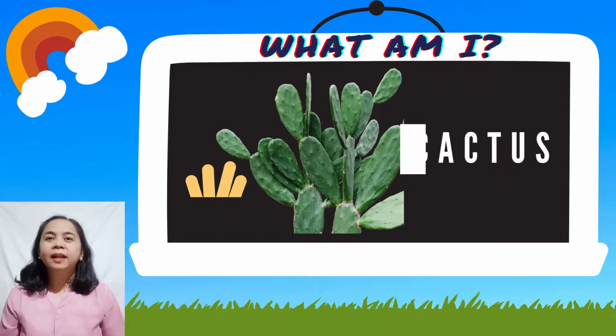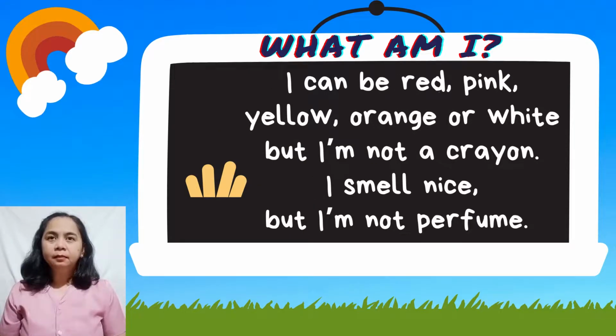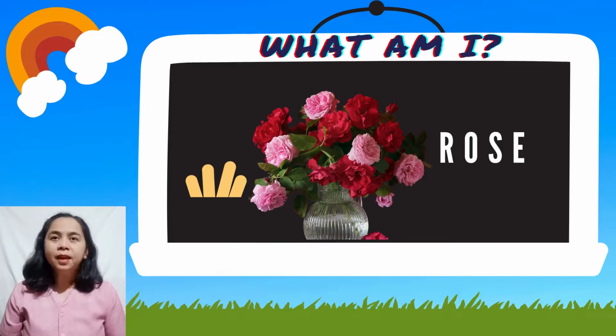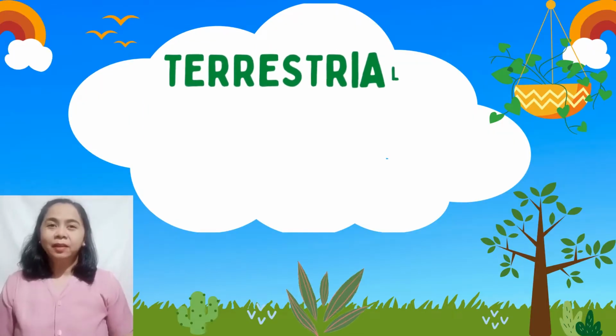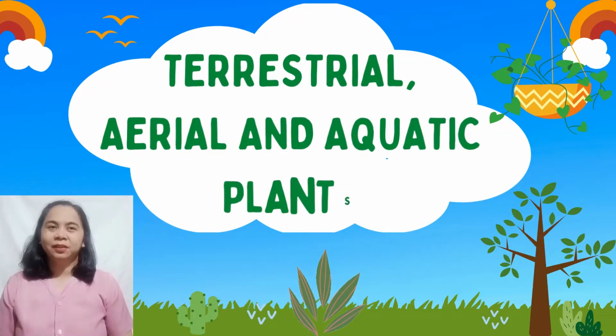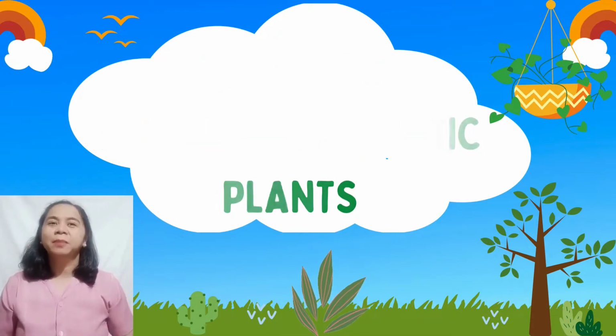Yes, it's a cactus. I can be red, pink, yellow, orange, or white, but I'm not a crayon. I smell nice, but I'm not perfume. Rose, that is right. Our topic for today is about terrestrial, aerial, and aquatic plants.